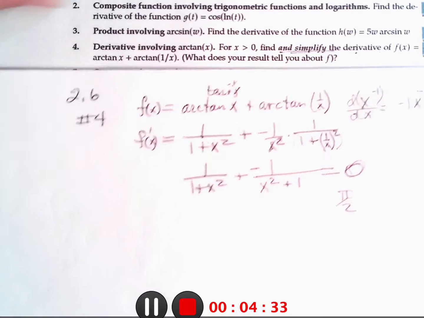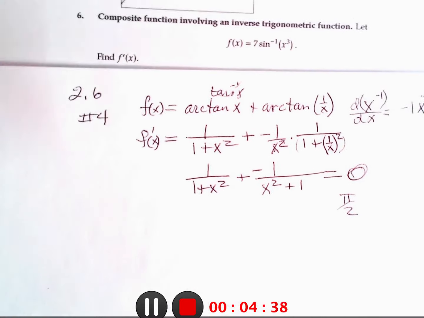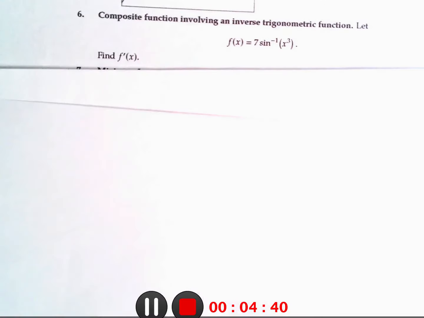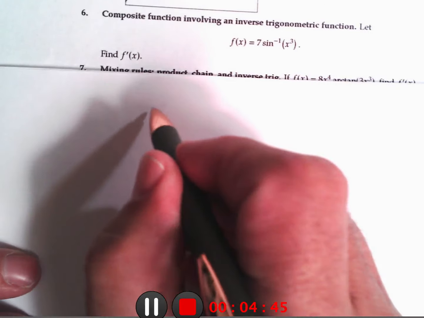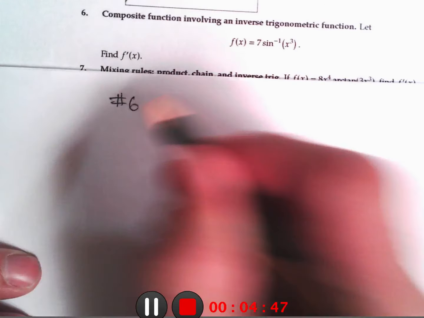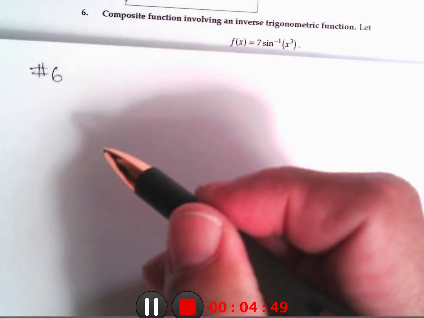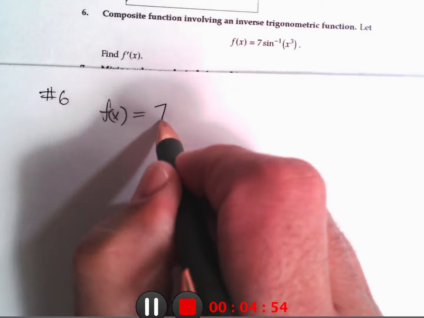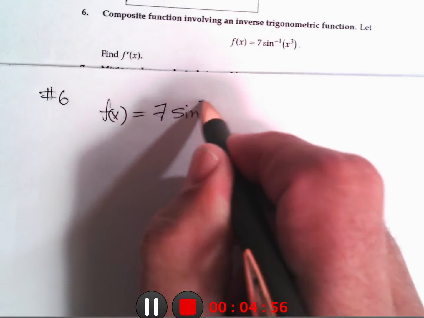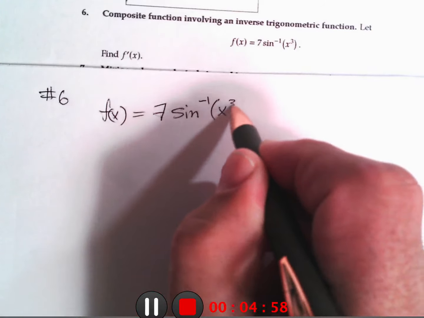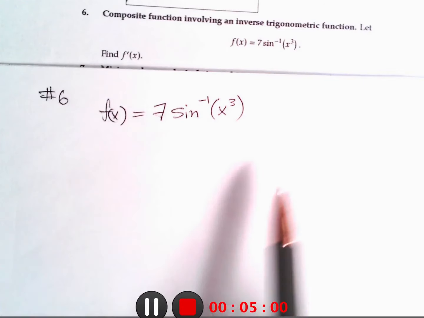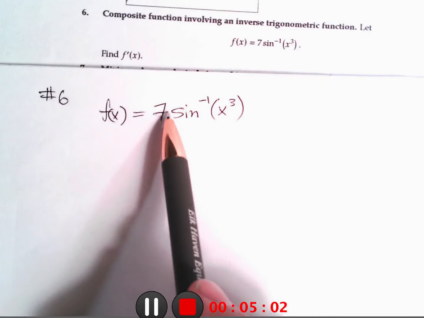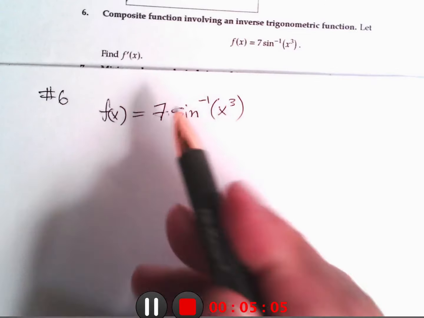Okay, number 6 was one that I saw people were struggling with, so let's just try doing number 6. It says for number 6 that we have f of x equals 7 sine inverse of x cubed. So we got a constant outside, so we don't have to use the product rule. We'll just keep the constant when we're trying to find the derivative.